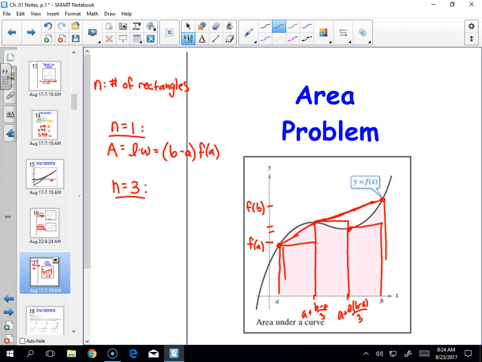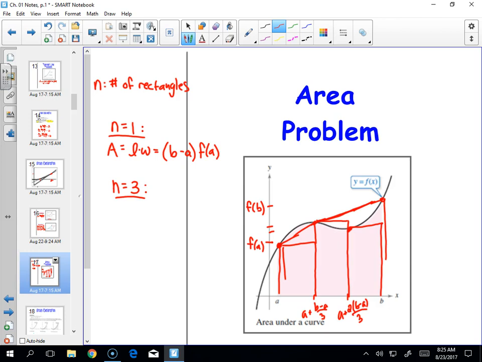Trapezoidal approximations are good too, but the definition of the calculus, which is called an integral, the calculus way of solving this, to make the formula as easy as possible to take a limit, they just do rectangles, because rectangular areas, base times height, are easier than trapezoidal formulas, one half base one plus base two, or one half base times height one plus height two. So the formula that we would need to take a limit of, even with trapezoids, still has error, so we would still have to do a limit.